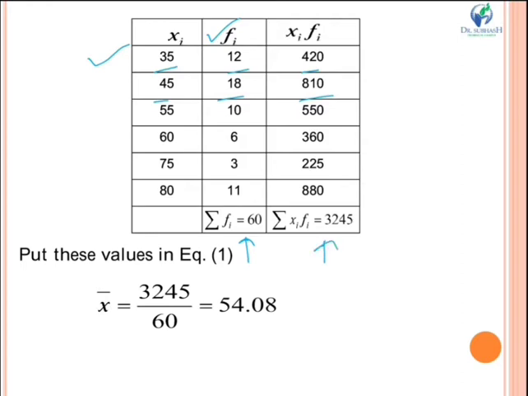Now we put these values in the formula of arithmetic mean, sigma xi fi upon sigma fi. We divide 3245 by 60, and we get our mean as 54.08. So this is our required mean for the given frequency distribution table.